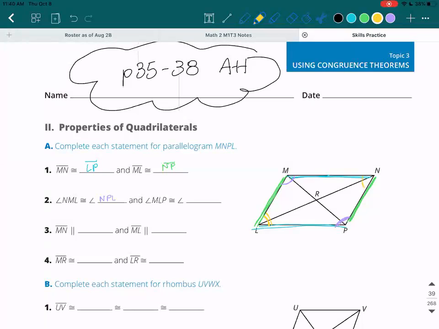PNM. By the way, if you write it M and P, or LPN, it's the same thing, no big deal, as long as you have the N in the middle.